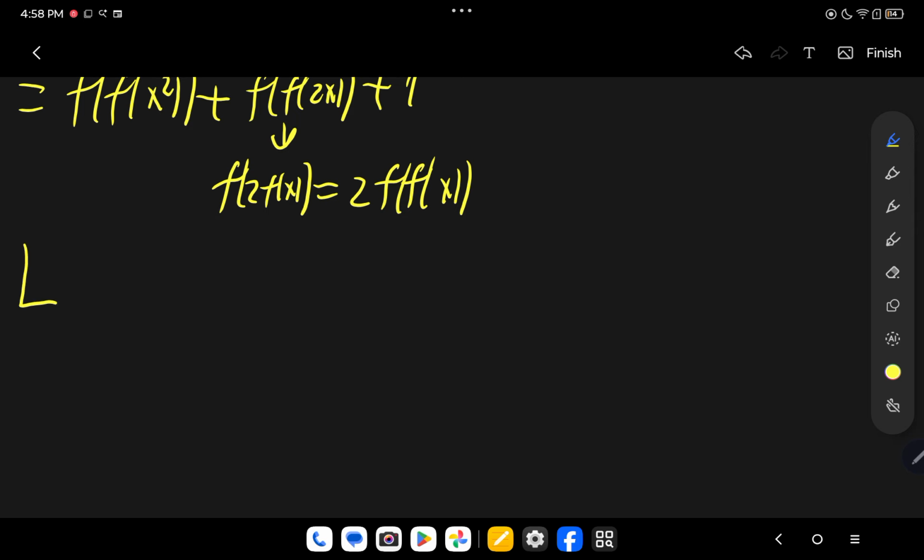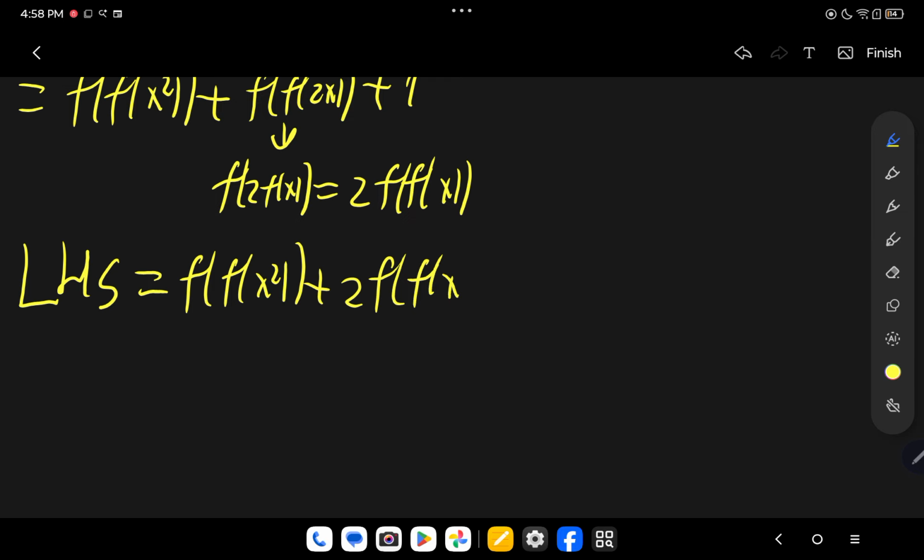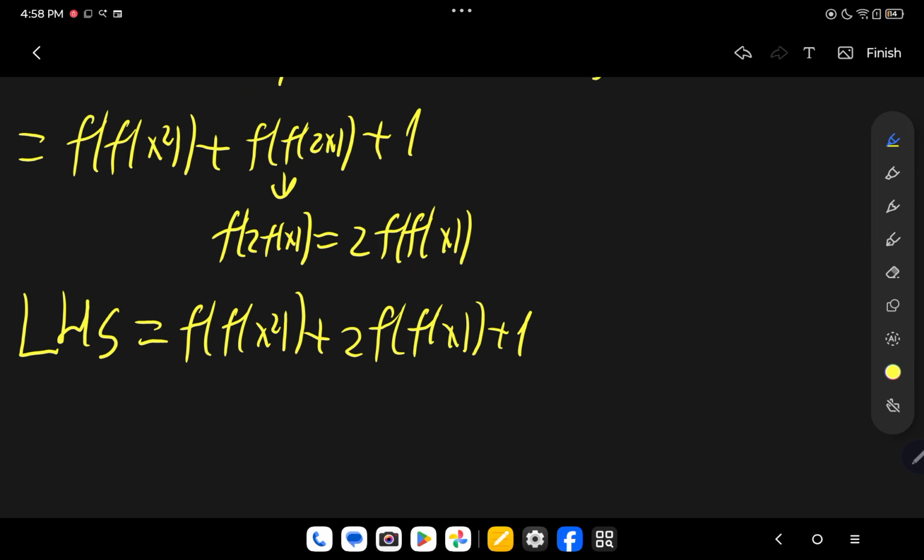So we get that the left hand side is equal to f(f(x)) squared plus 2f(f(x)) plus 1.